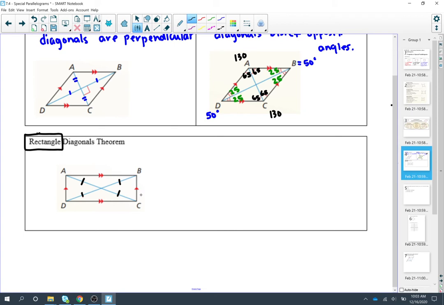But if it's a rectangle, the diagonals are congruent, meaning that the length from D to B is the same length as from A to C. They are the same length. Versus if you look at the rhombus up here, notice that DB is longer than AC. In the rectangle, because he's straight, these guys are congruent, which means if they're cut in half, all four of these are the same length.